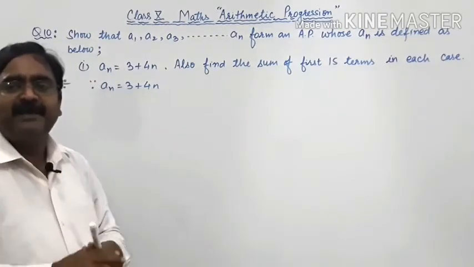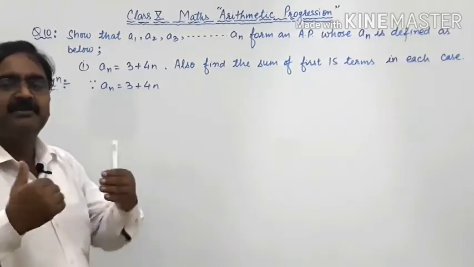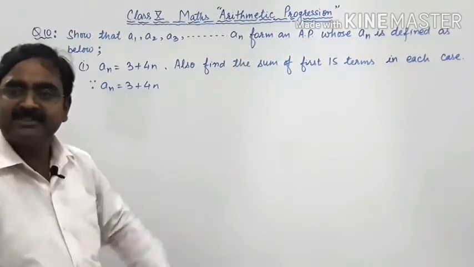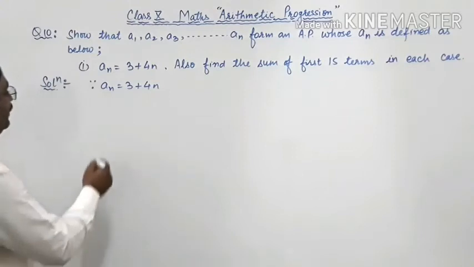With this formula you can find each and every term of this arithmetic progression. So let us see the solution. Since An is equal to 3 plus 4n is given, let us find A1.